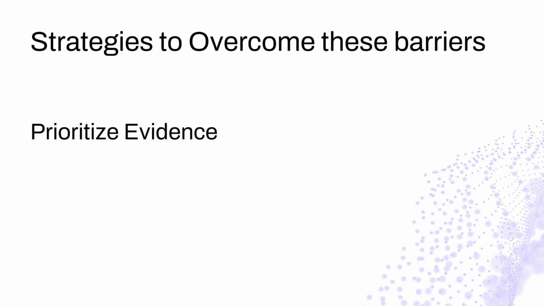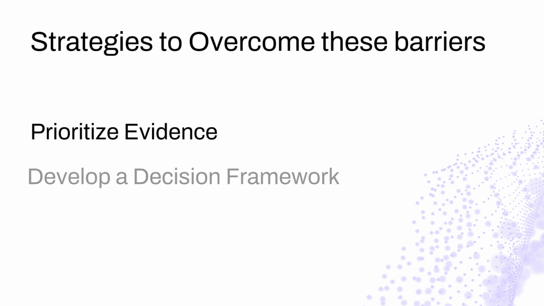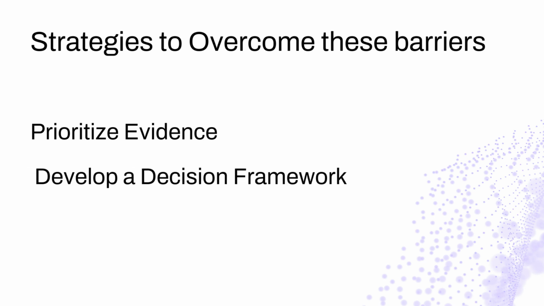Prioritize evidence. Focus on high-quality studies that address the clinical question directly. Use systematic reviews or guidelines when possible. They save time and offer synthesized evidence. Develop a decision framework. Establish a structured approach to evaluating evidence.